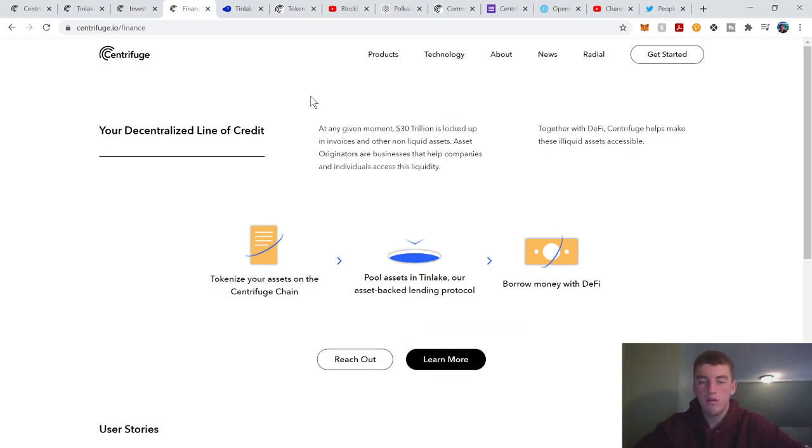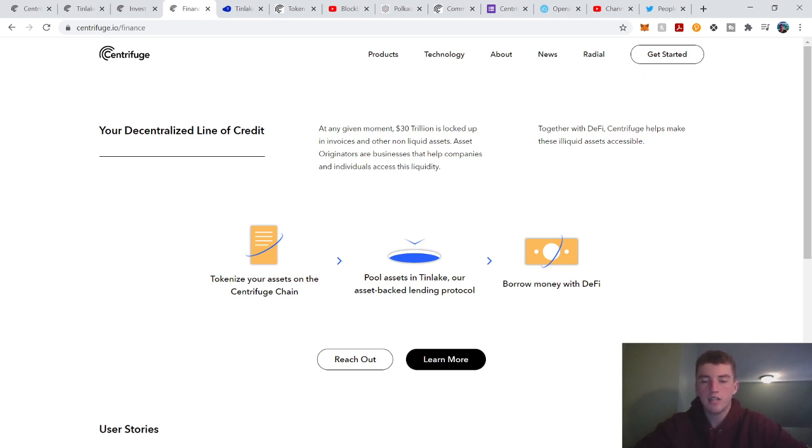Why would you participate in this peer-to-peer lending, or a peer-to-peer chain that has the possibility for instant liquidity by use of DeFi, right? So why would you use this? It's because you tokenize your asset on the Centrifuge chain, pool assets in Tinlake, our asset-backed lending protocol, and borrow money with DeFi.